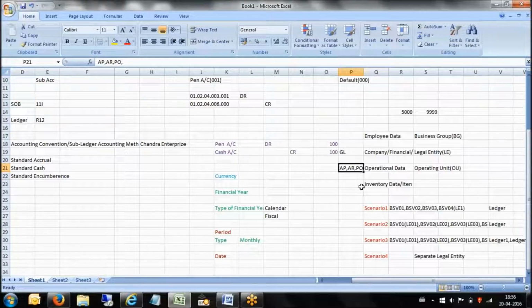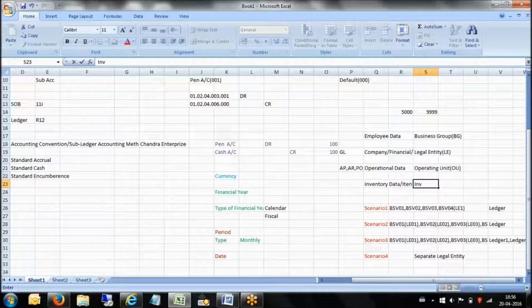Now what comes? Inventory data. We need to secure inventory data. Inventory data can be secured with the organization called inventory org, or we call it IO.